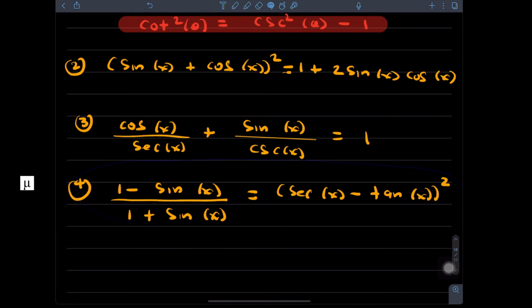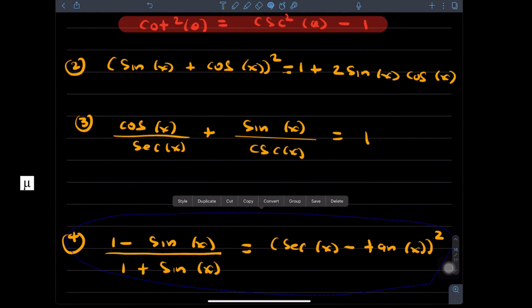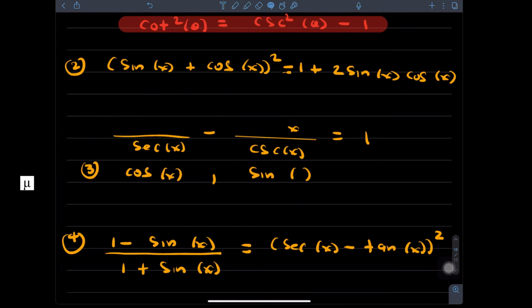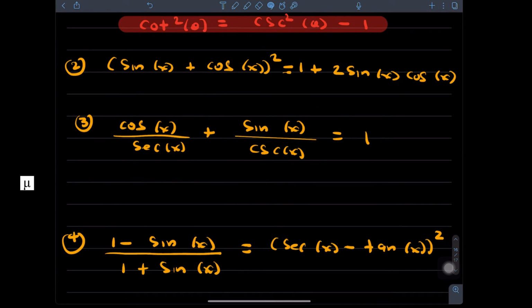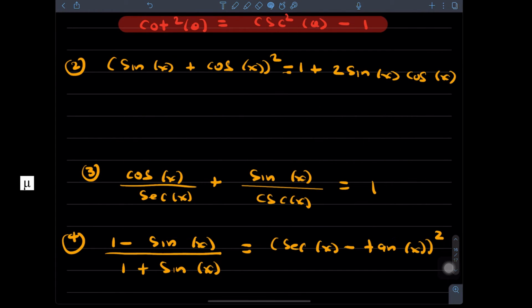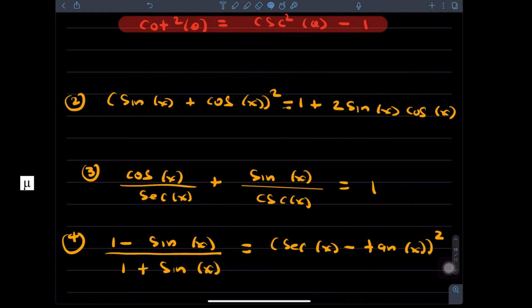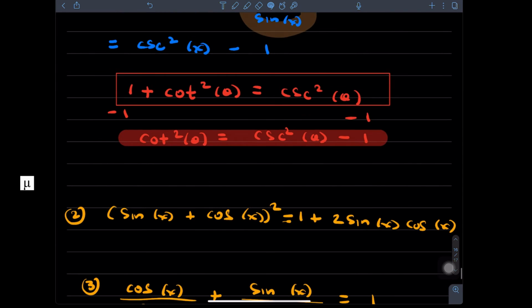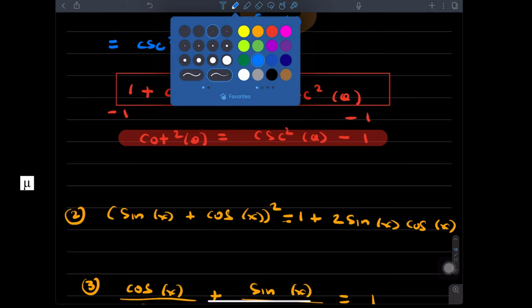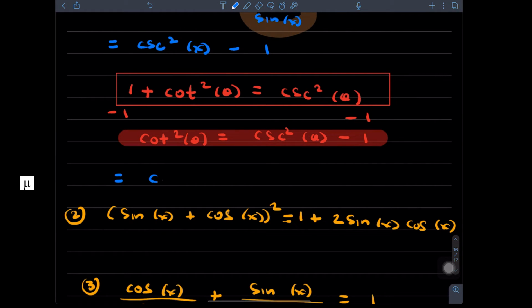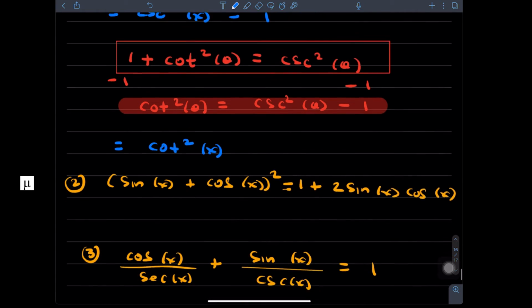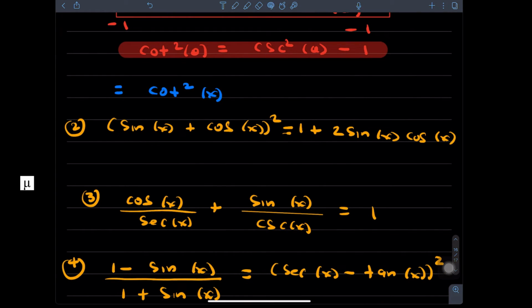And I'm going to have to move everything. This is going to be cotangent squared x, and that here is the right-hand side.